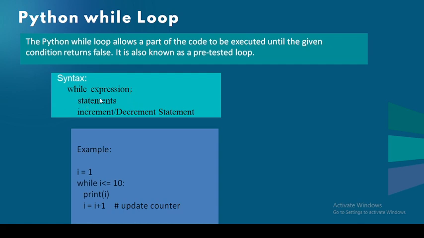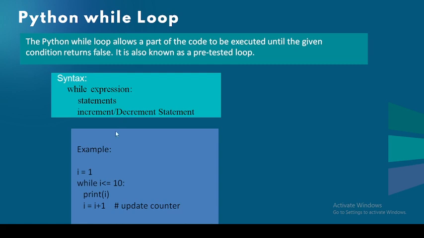So this is the common syntax of the while loop: while, then your expression or the condition, and then you have to put a colon. Inside the while loop, these statements and the increment or decrement statement are the body of the loop. The statement means you can print information or put other statements, but at the end you have to provide the increment or decrement statement in the while loop.